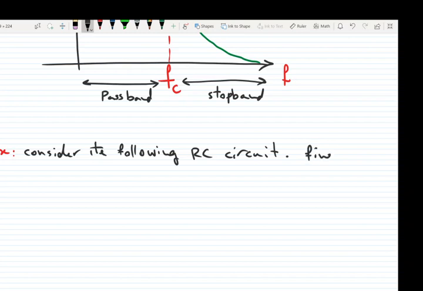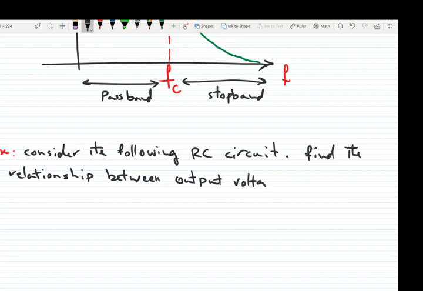Find the relationship between the output voltage phasor and the input voltage phasor, which is called gain.